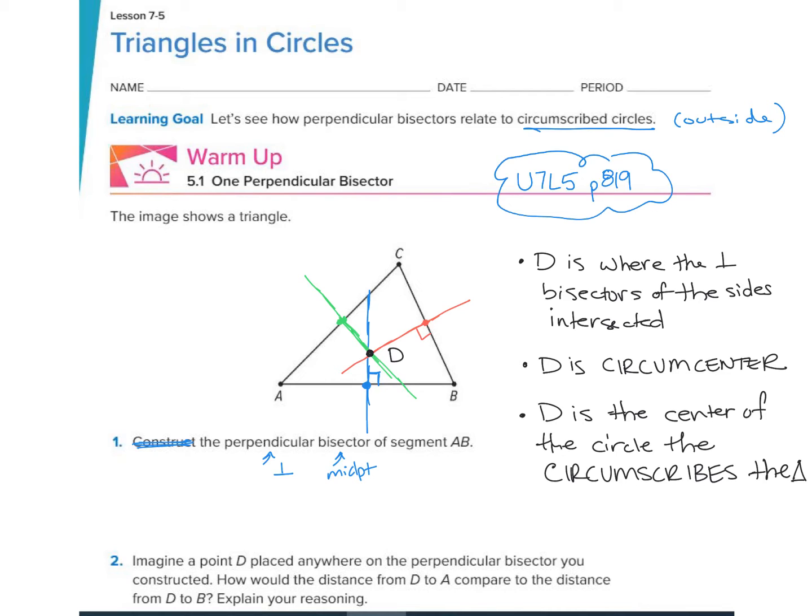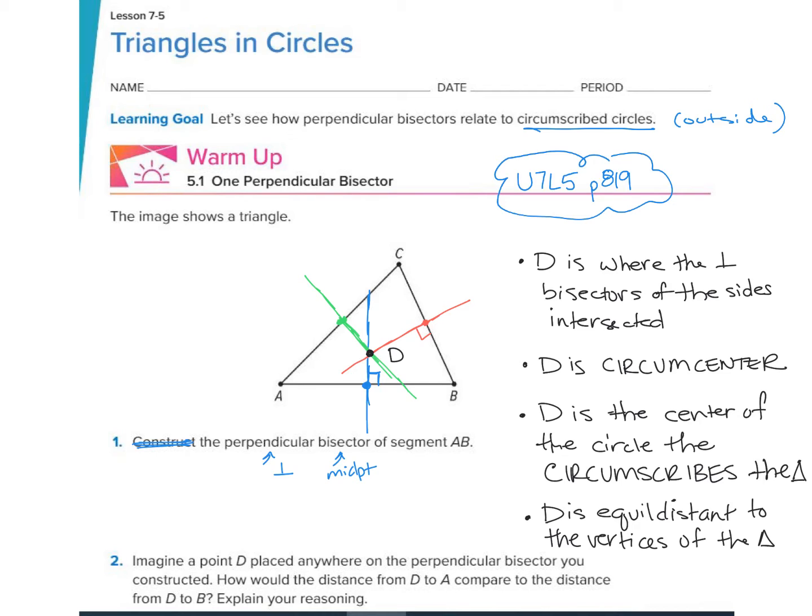So what do I mean by circumscribes? Well, there's an important feature to D. One more bullet point, please. D is equidistant. That is one word, but it means equal distance to the vertices of the triangle. So let me draw that in with my yellow pencil.